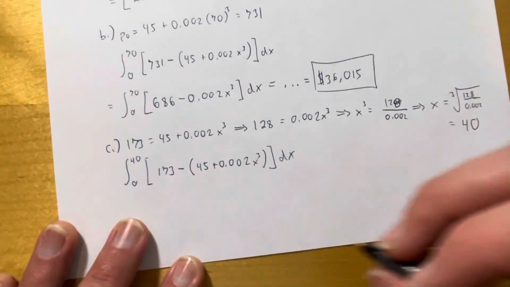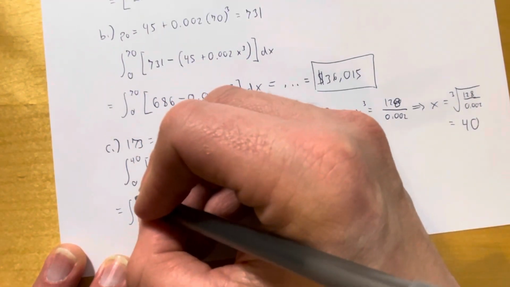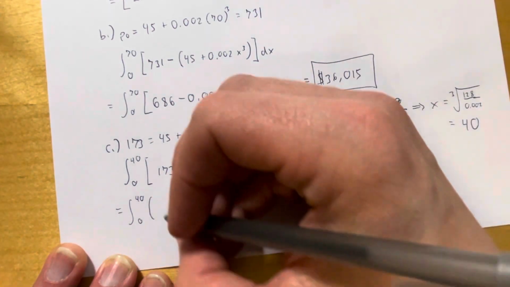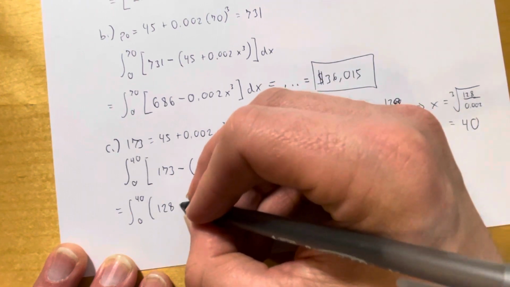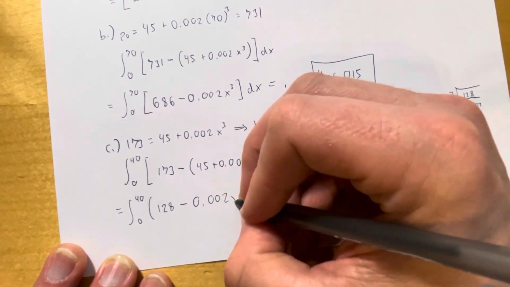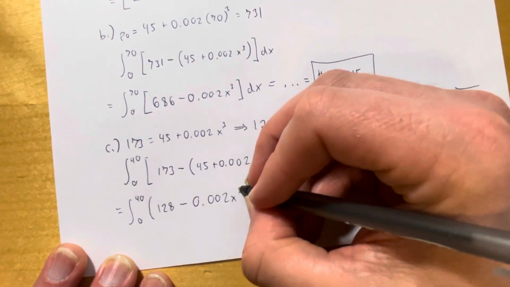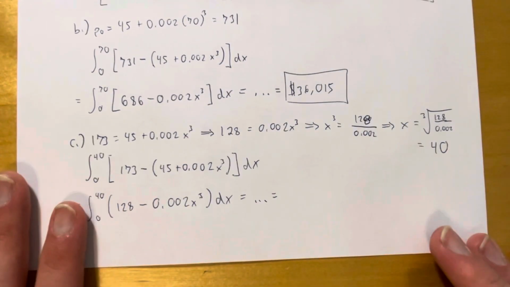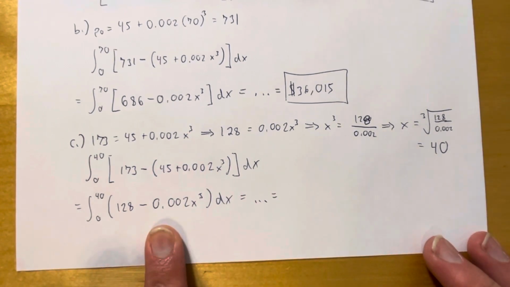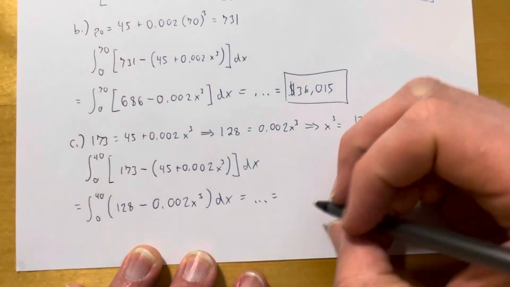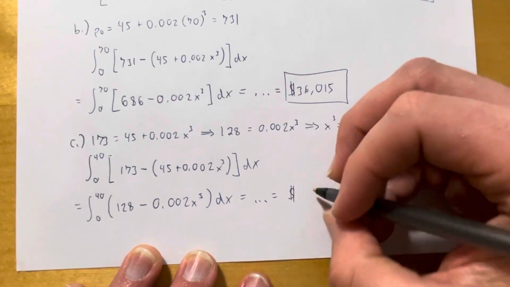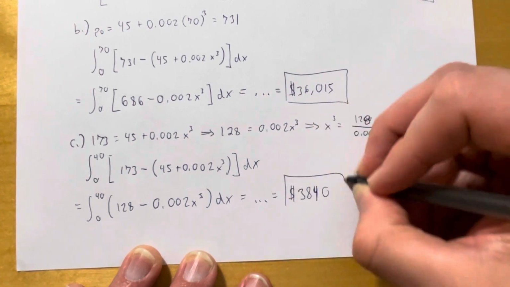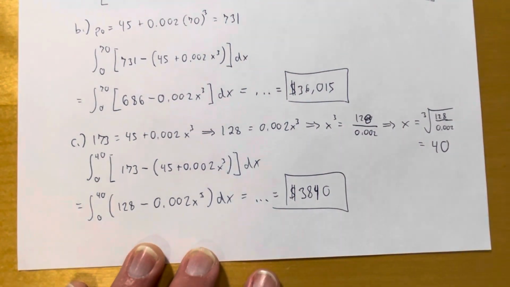Distribute the minus sign, combine the constants, and so this will come out to 128 minus 0.002 x cubed dx. And again, my goal was to get you through the setup phase. You can find the value of this integral with the skills that you have acquired up until this point. This comes out to $3,840 for producer surplus. Okay, and that's it for 4.6.